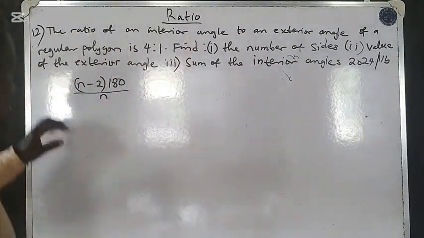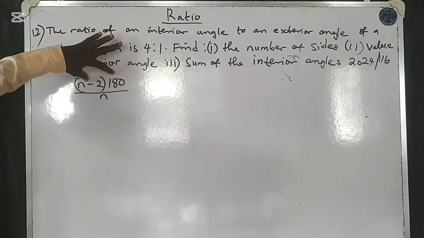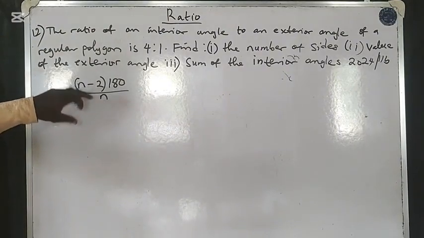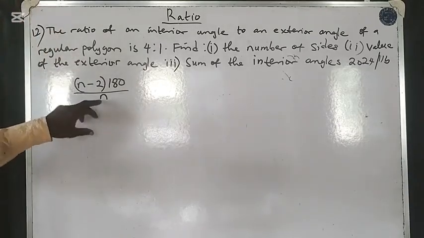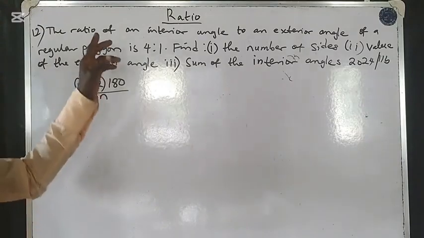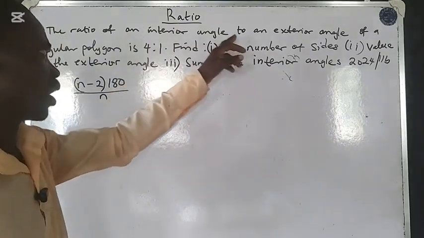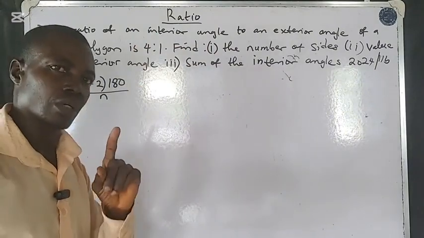If it is the sum of the interior angles, this is the formula we are going to use, without the n as a denominator. But if it is an interior angle, just one, it might be called an interior angle or each interior angle. Whichever way it is called, you are referring to a single angle.